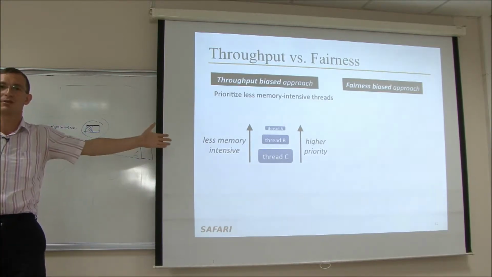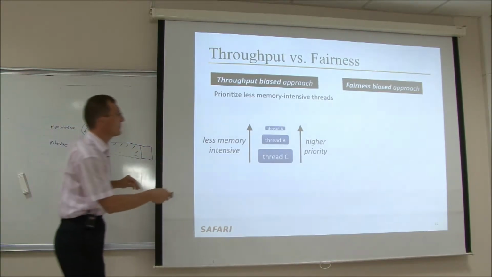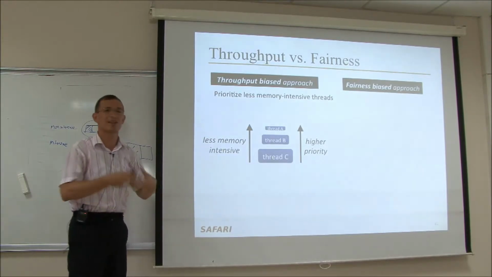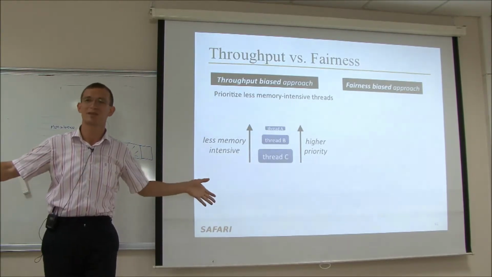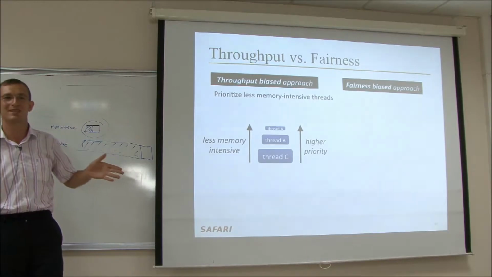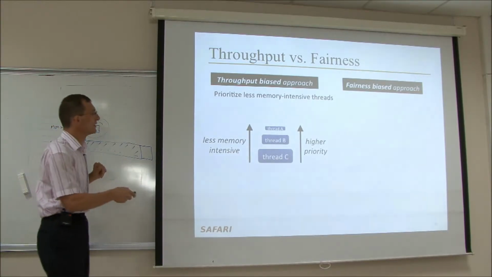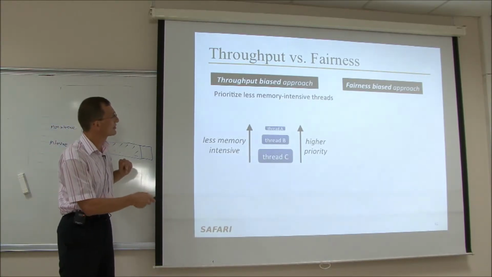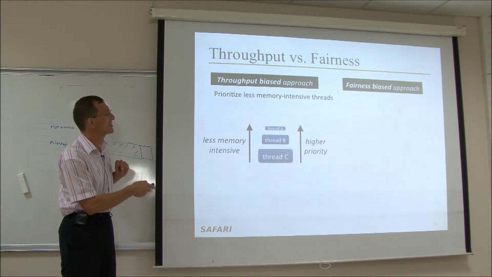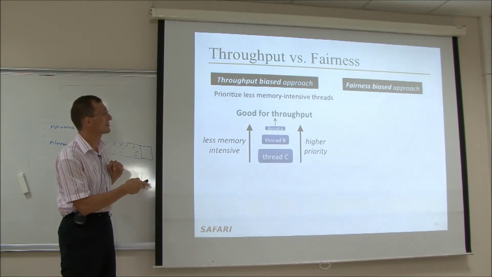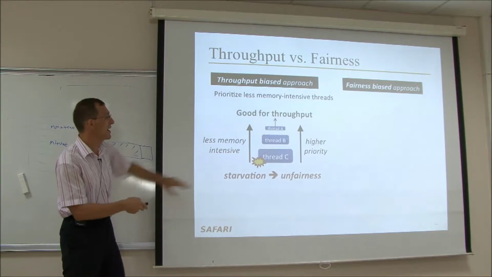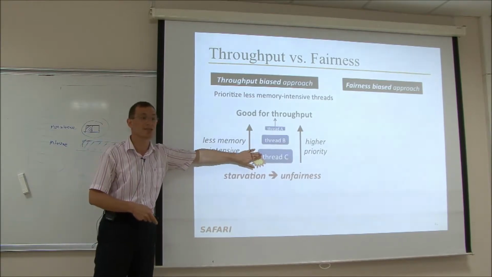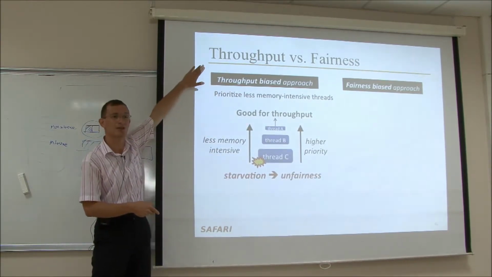Whereas a memory intensive thread keeps generating lots of memory requests, so it stalls for a long time. Even if you prioritize all of its memory requests, it's going to be slow anyway. So this says that you should rank the threads this way and prioritize less memory intensive threads. This is good for this thread, but it's bad for thread C because it starves, especially when you have many threads in front of it. Right? It's actually bad for medium threads also.